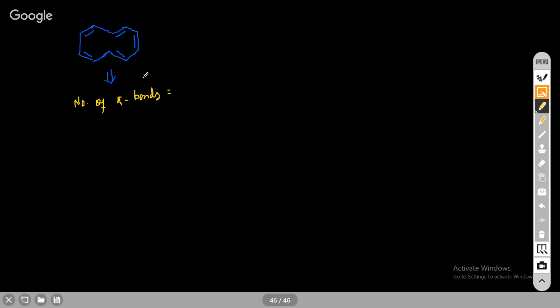Yes, so the number of pi bonds is 5. So how many pi electrons do we have here? The number of pi electrons is 10, right? So if you see Huckel's rule, 4n plus 2 pi electrons for any integral value of n.